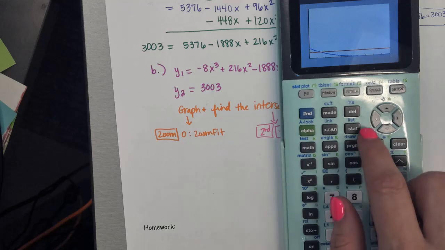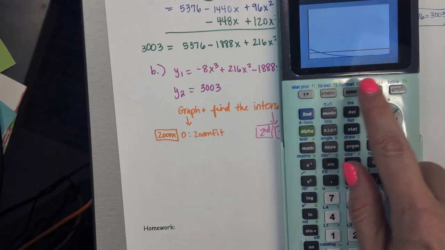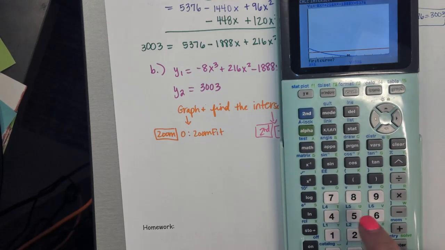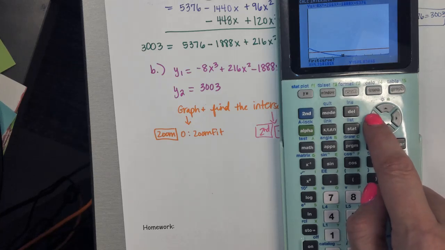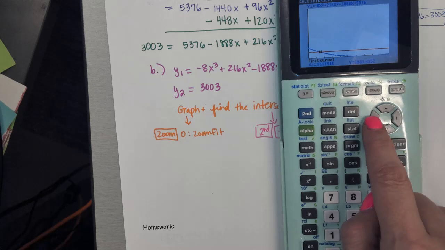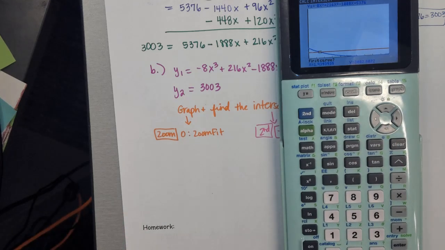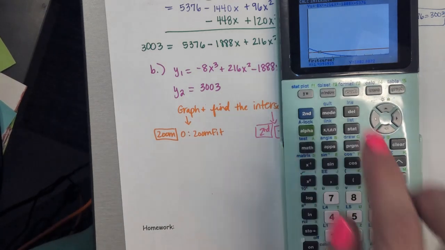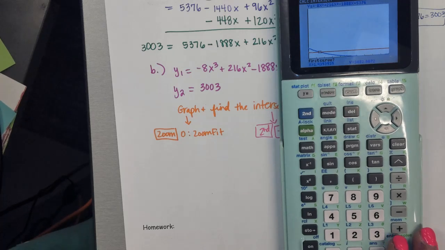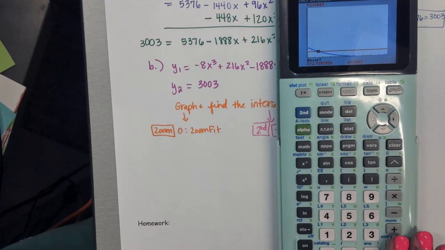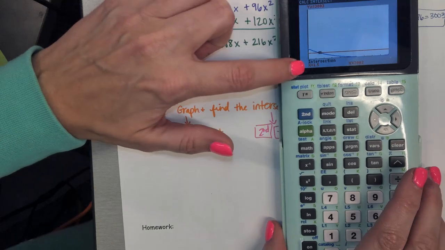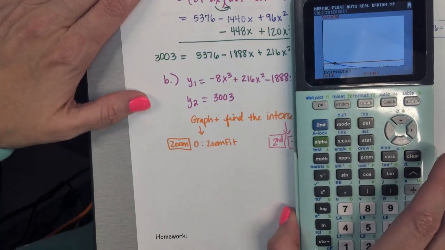Okay, and then you can go to second, trace, press 5 for the intersect. Remember, you're trying to get right at that intersection. Okay, so the intersect feature is something that we've used before this year. As long as you get there, it's going to ask you first curve, you press enter, second curve, enter, guess, enter, and then it gives you the exact value.